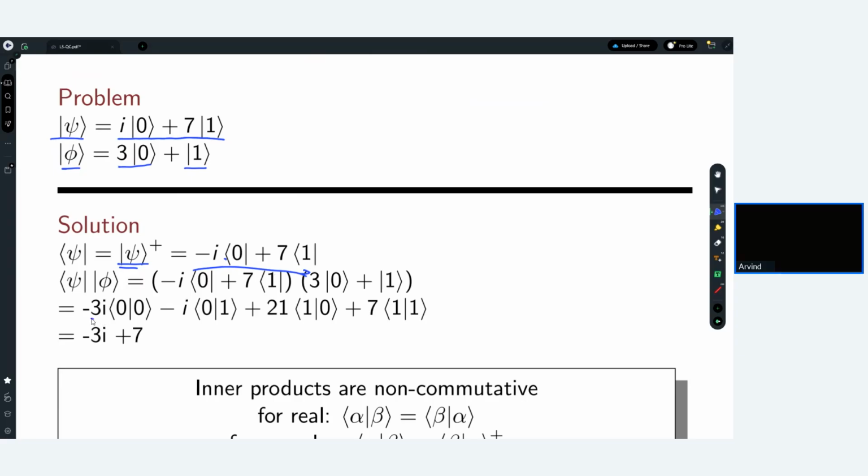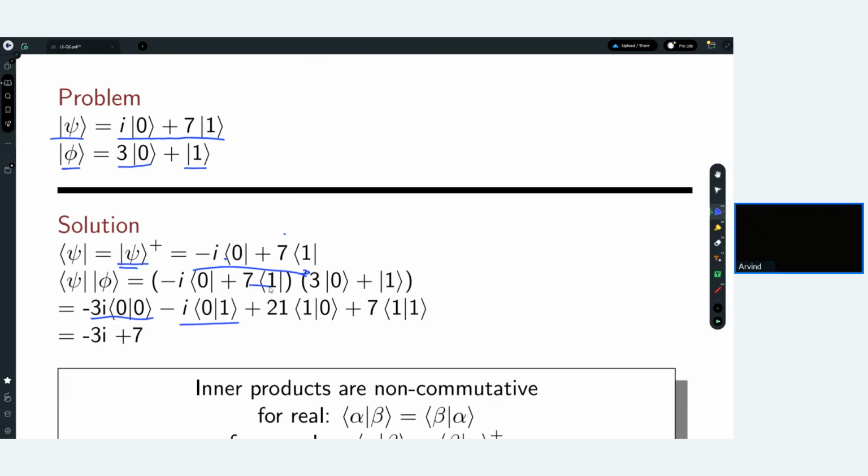So we will get the first term, minus 3I bra0 followed by ket0. For the second, minus I times bra0 and ket1. Similarly, the second term from the psi function, we are multiplying with all the terms from the second.